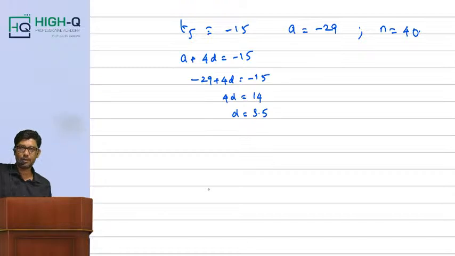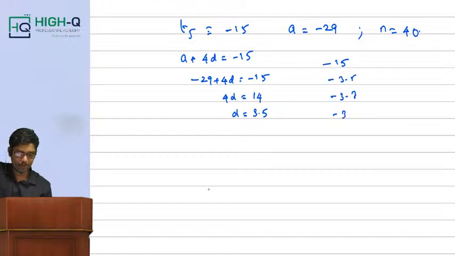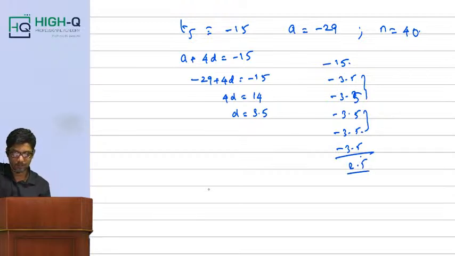Since they ask you to find the sum of all positive terms, I check the 5th term, 6th term, 7th term, 8th term. What is it? Minus 15, minus 14 is, yes, of course. The first positive term is going to be 2.5, correct?